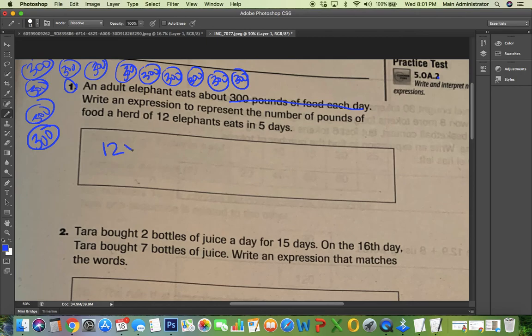So 12 times 300. I would have to do that first, but they do this for 5 days.